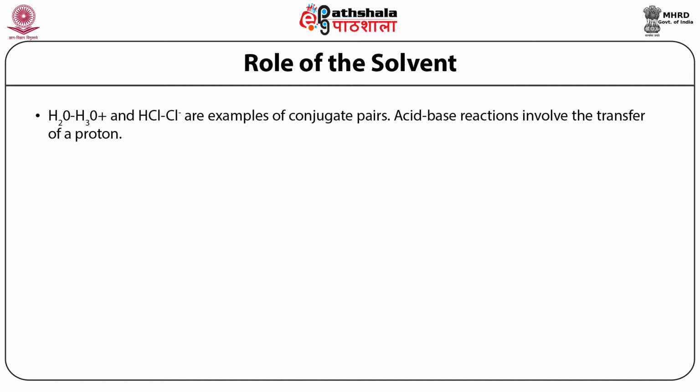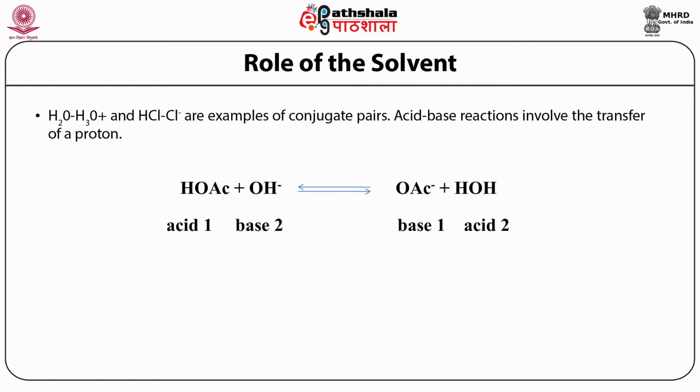Acid-base reactions involve the transfer of a proton. However, usually this is only a partial transfer, and there is a competition between two bases for the proton, as shown in the following equation with acetic acid, abbreviated as HOAc. In the reaction, the OH minus and OAc minus ions compete for the proton. The OH minus ion is a much stronger base than OAc minus, and therefore the equilibrium lies far to the right.